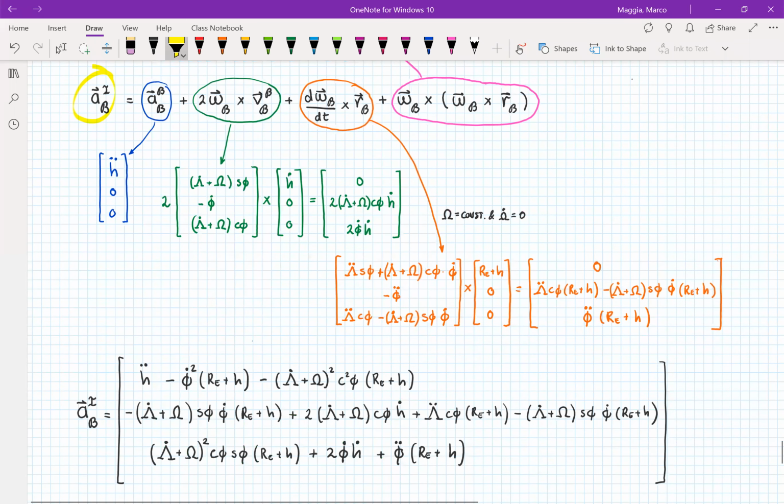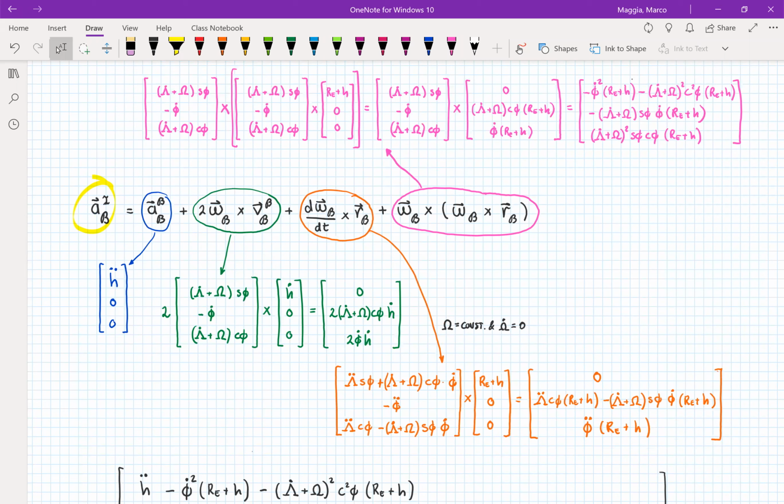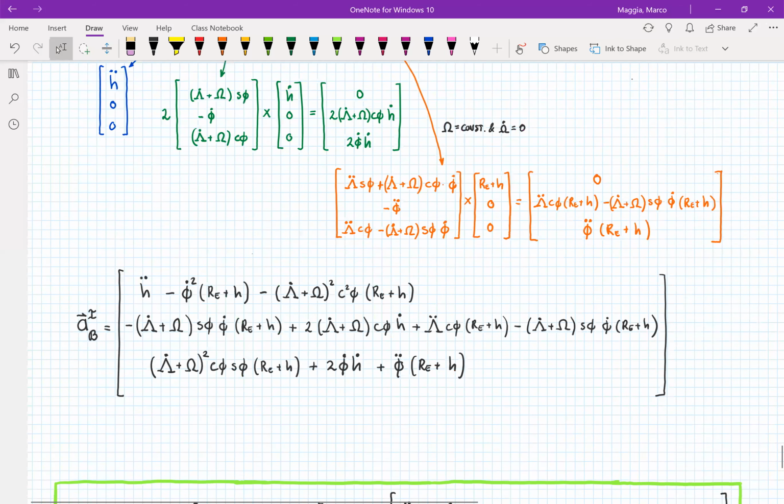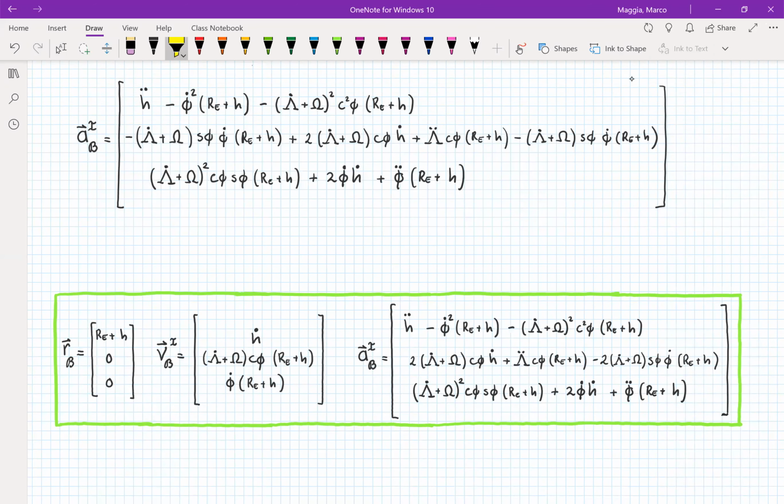You see that here the calculations are a little bit more lengthy, but I would like you to redo it, also in case I made some mistakes, or put some mistakes purposely in it. You'll never know unless you do it. Anyway, here's a recap, for this specific case, of the position, the inertial velocity, and the inertial acceleration of a particle P, which can be a satellite or an aircraft, in the non-inertial body coordinates.